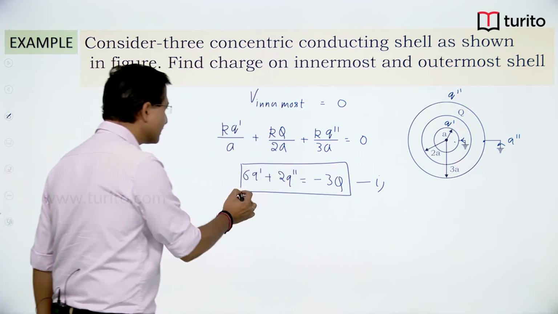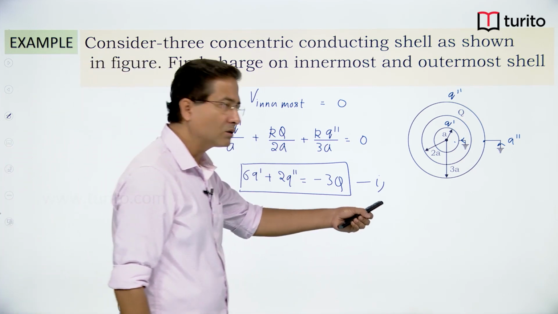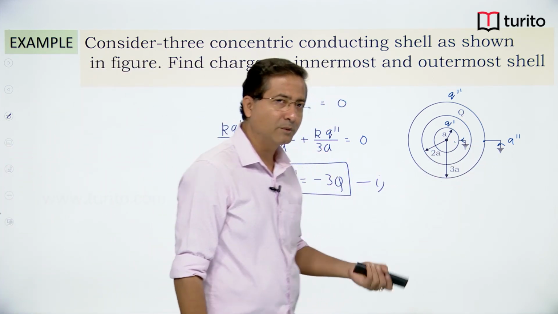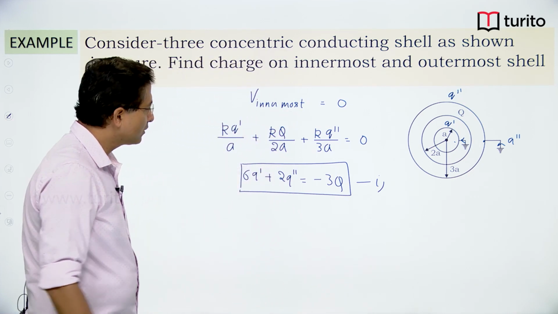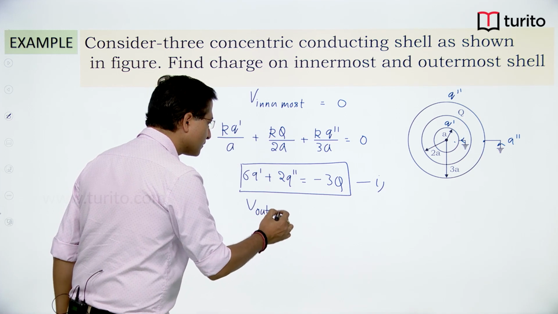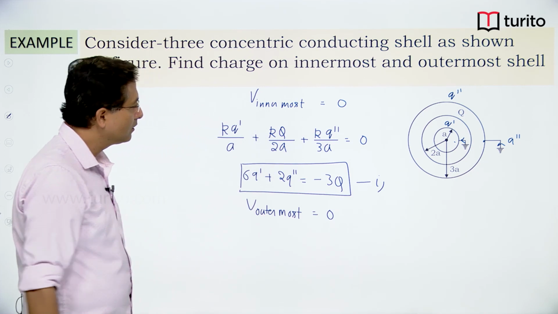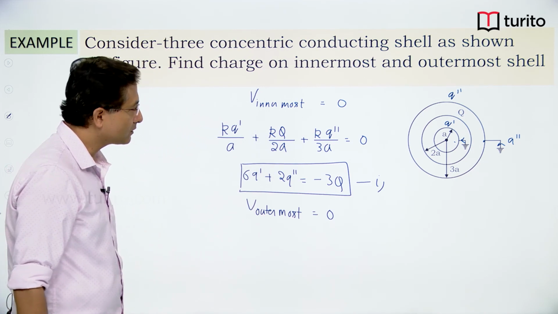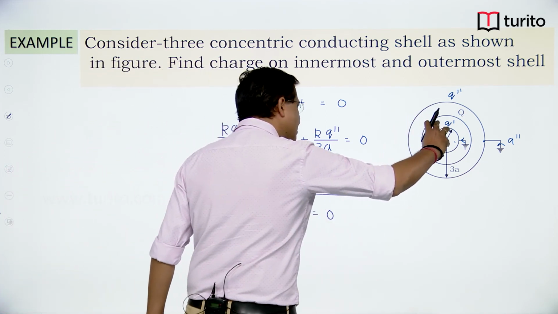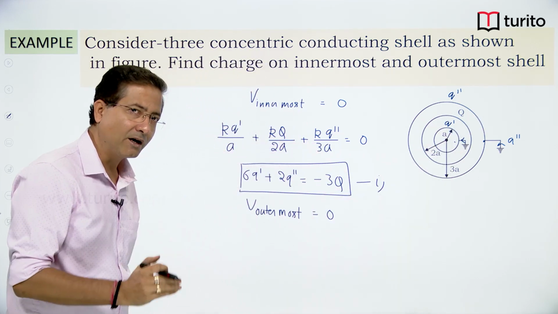So, two unknowns are there, first equation we already made. Second equation: as the outer one is also connected to earth, we have to make the potential 0. So now the potential at the outermost is to be 0 because it is connected to earth. For charge inside, the potential outside formula is kq divided by small r.